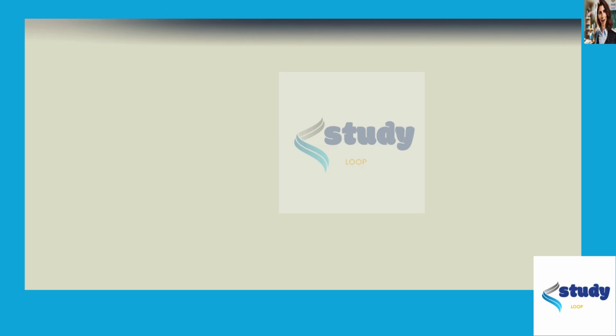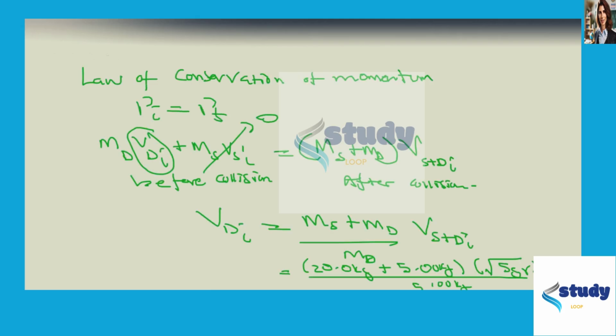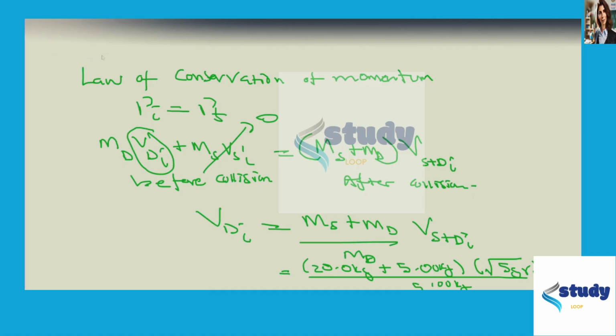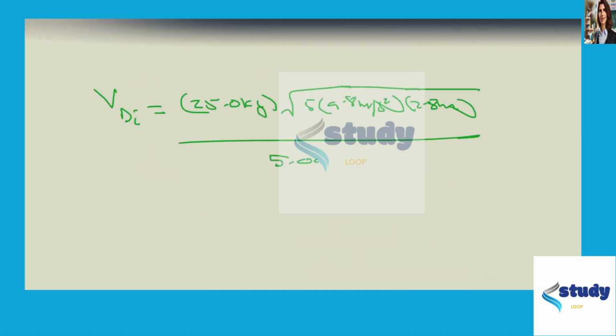So we get VDI equals 25 kilograms. So we're combining them, times radical 5gr. So this is 5 times 9.8 meters per second squared times the radius, which is 2.8 meters, all over 5 kilograms, like that. These two are going to cancel, so we'll be left with 5 right there.